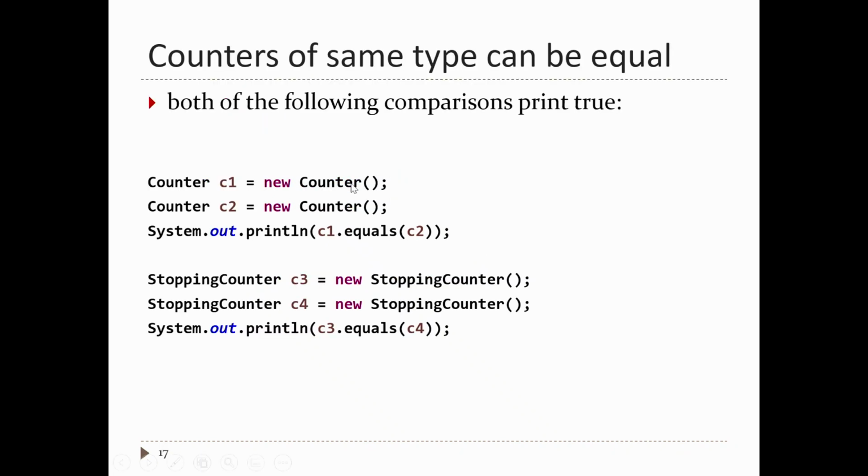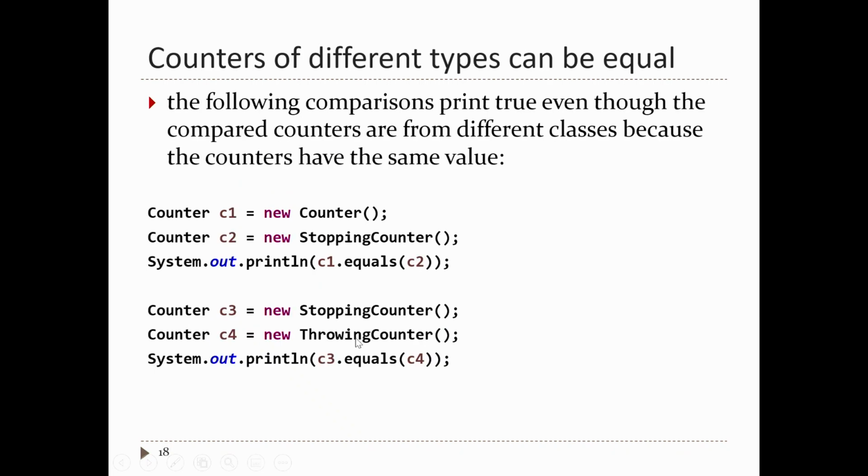So make two Counters, check if they're equal. The answer is yes. Make two StoppingCounters, test if they're equal. The answer is yes. Make a Counter and a StoppingCounter, ask if they're equal, and now the answer is yes, because their values are both 0 and they're both instances of the Counter class.